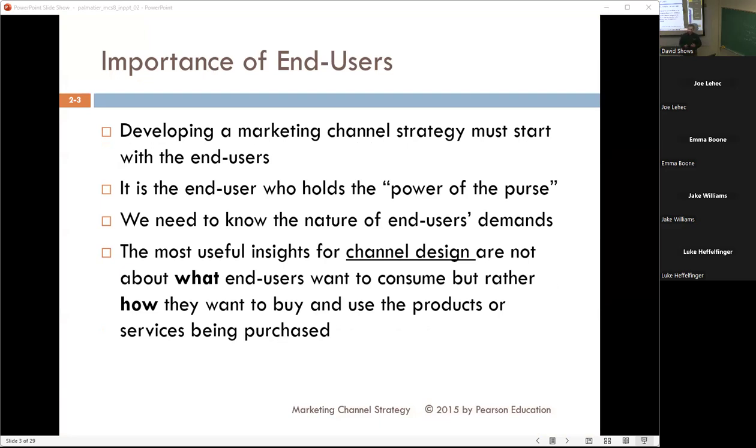Let us look at these individuals, see what their desires are, and let us provide a service that creates value for them. Developing channels always starts with the end user because the end user holds the power of the purse.